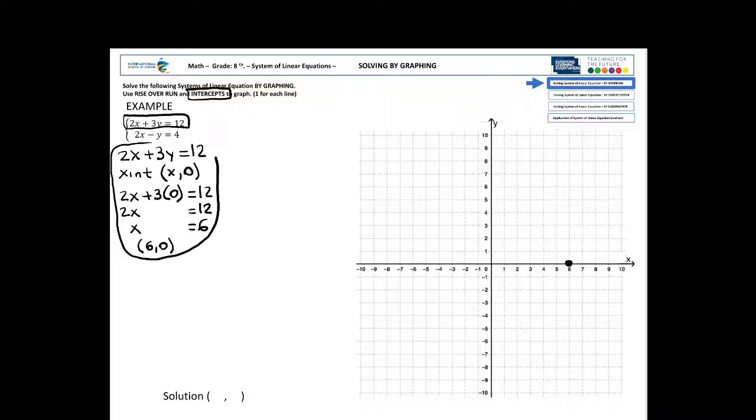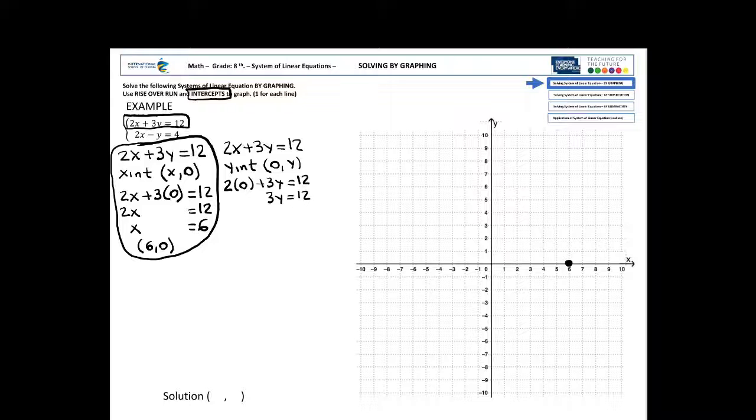Now we need to get the y-intercept. The equation is the same, the line is the same, 2x plus 3y equals 12. Y-intercept is where x is 0 and y is a number. Replacing x by 0, we get 2 times 0 plus 3y equals 12. 2 times 0 is nothing. 3y equals 12.